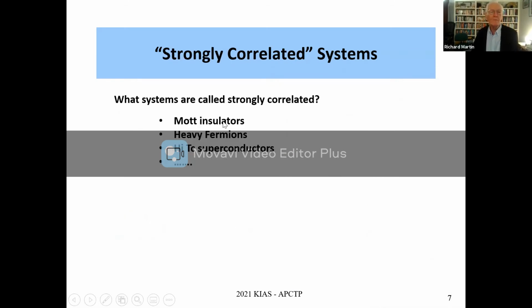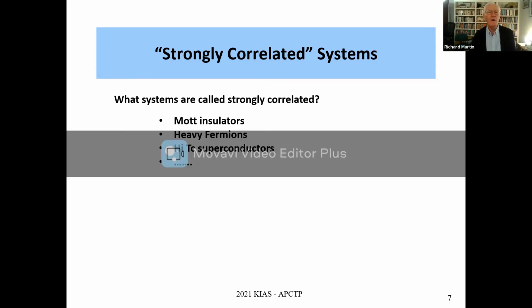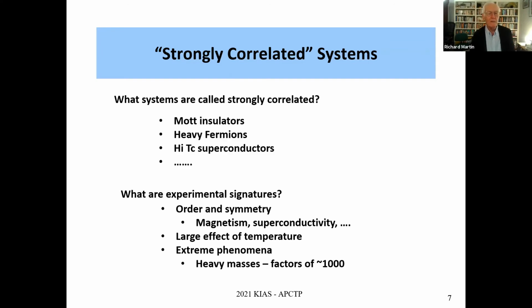So what about more strongly correlated systems like Mott insulators, heavy fermions, the high Tc materials? What are the symptoms that cause someone to say that a material is highly correlated? What usually happens is there's some signature, for example, a phase transition or an order like magnetism. In fact, we know that magnetism can occur only if there are interactions.